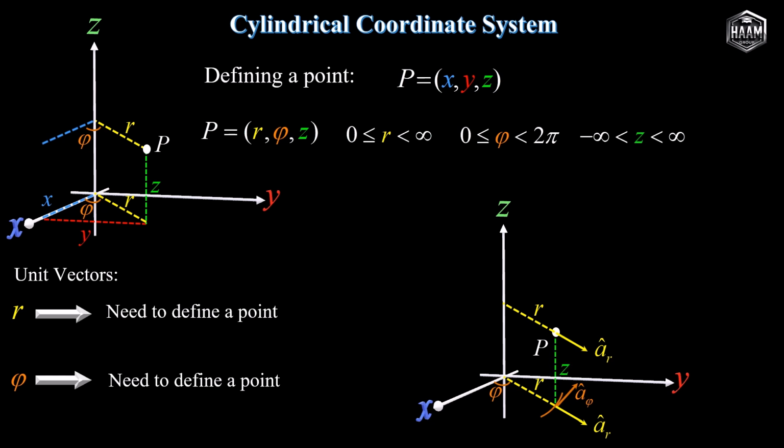Selecting a unit vector along height z determines a hat sub z. Unit vector a hat sub z can likewise be evaluated directly at the point. The three unit vectors are mutually orthogonal.